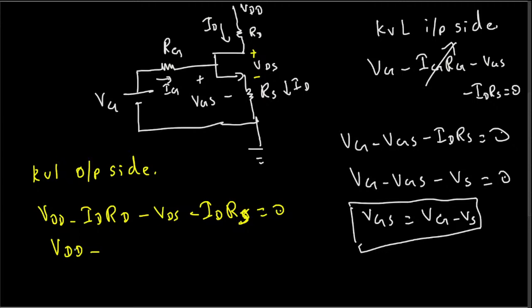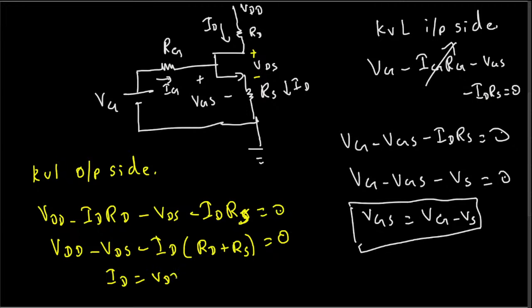So if I take VDD minus VDS, and for this one I take ID common, so this becomes RD plus RS, that's equal to 0. From this we can find the equation for the current and VDS as well. The current becomes VDD minus VDS divided by RD plus RS.